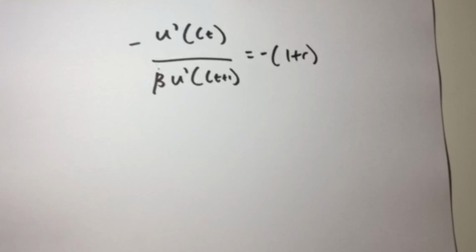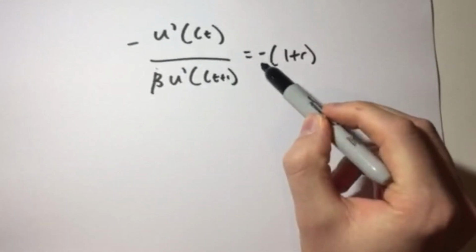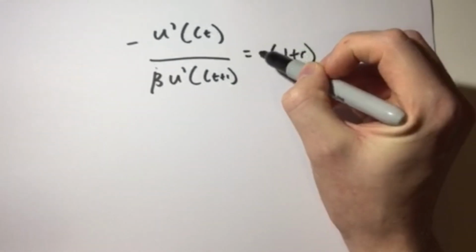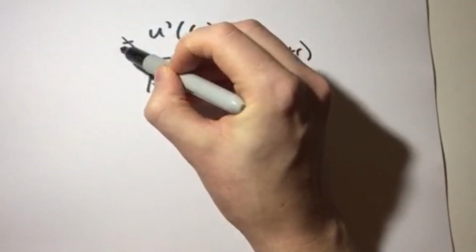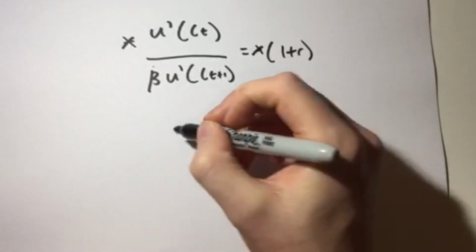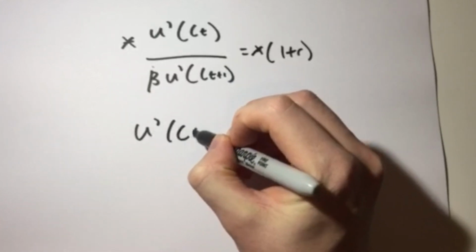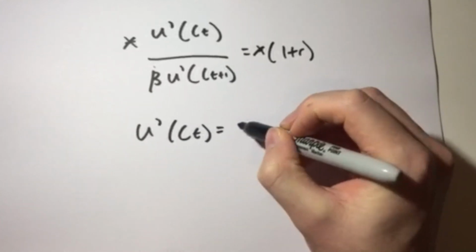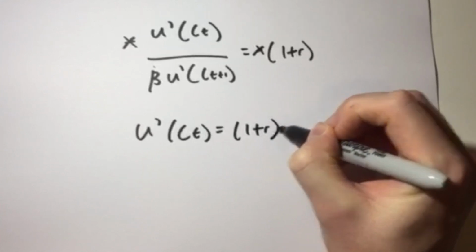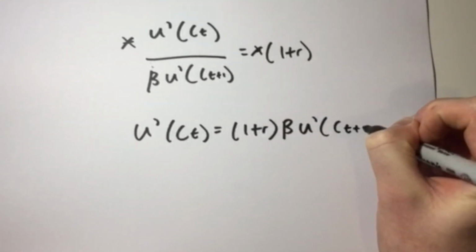It depends how you want to interpret this. But this is our optimum solution. We're just going to rearrange it. See, there's two minuses here, so these will cancel out. So you can take those out. And then we're going to multiply through by our denominator. So we're just going to get this. And this is our Euler equation.